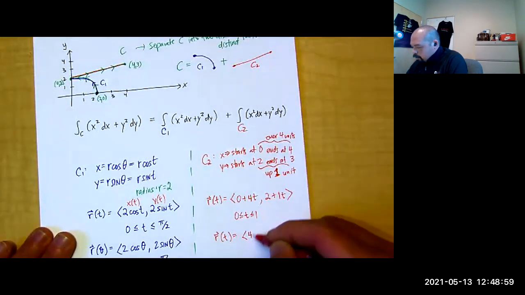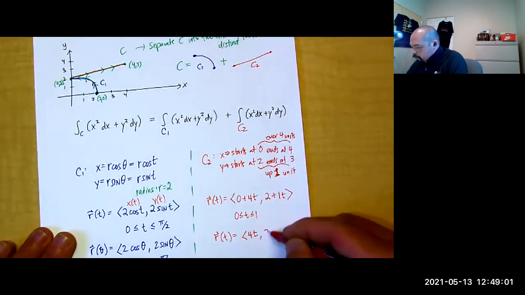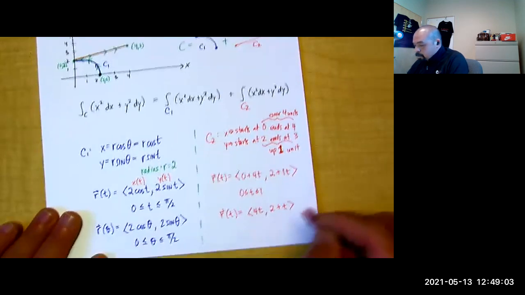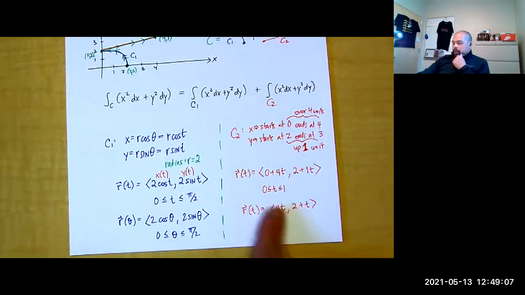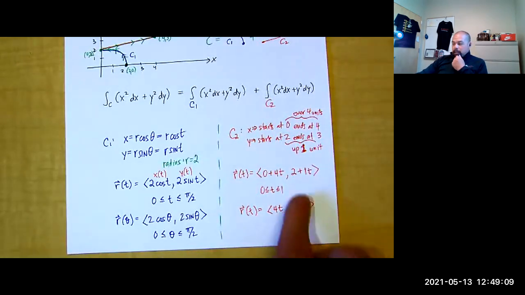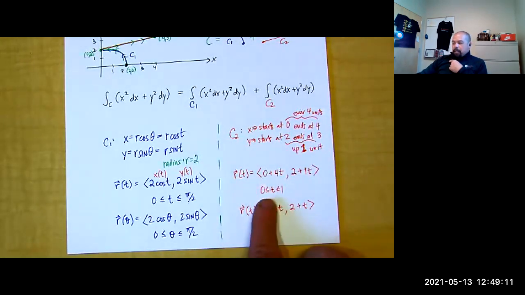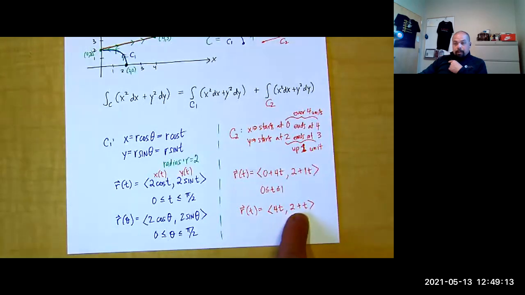Just kind of using those direction numbers, if you will, to get those components. So when t equals 0, we're at 0. When t equals 1, we're up at 4. T equals 0, we're at 2. T equals 1, we're at 3. Okay?